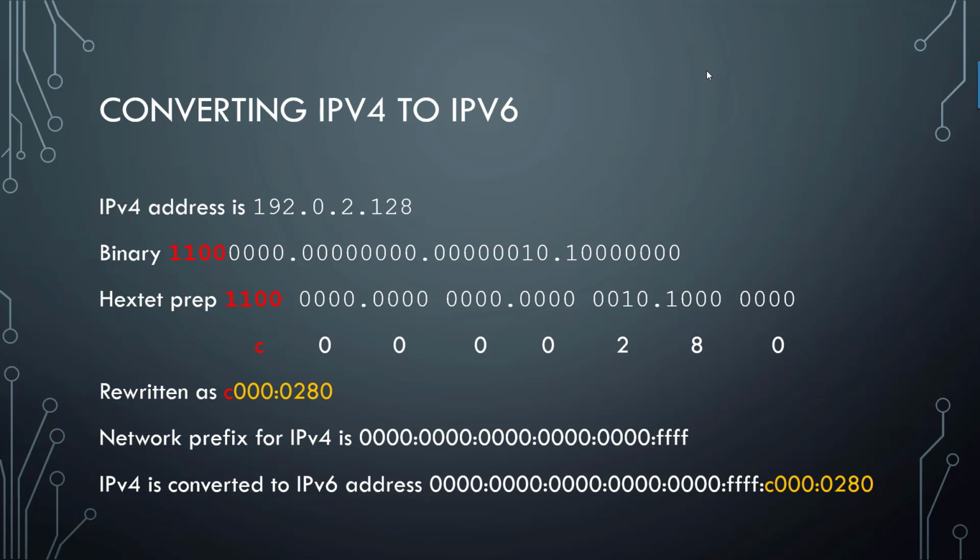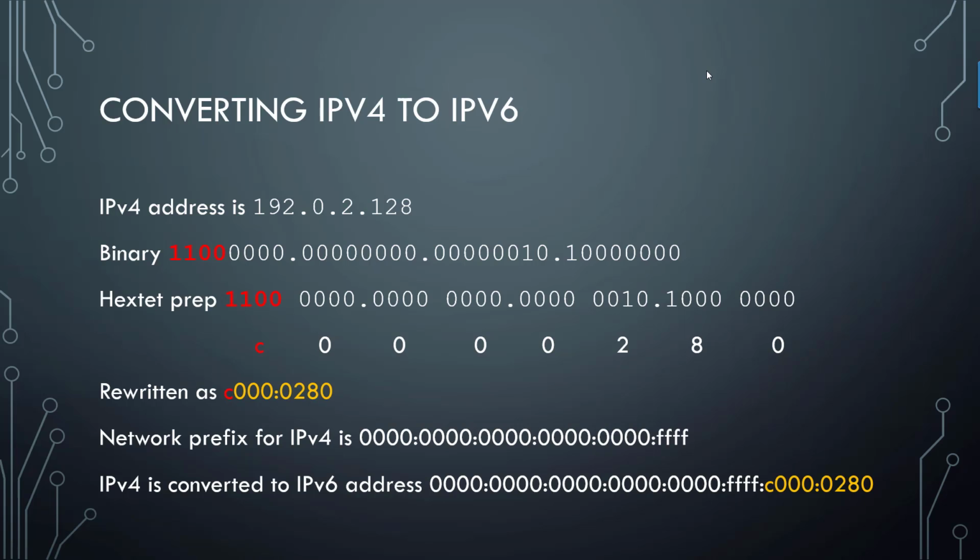Because nothing has changed in the number of ones and zeros in a string of 64 characters, that is why 192.0.2.128 can be rewritten as C000:0280.